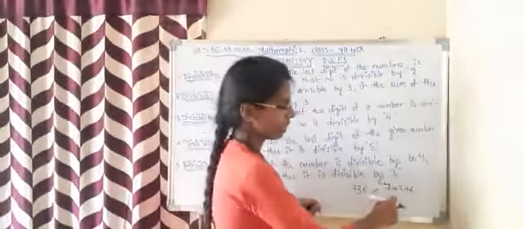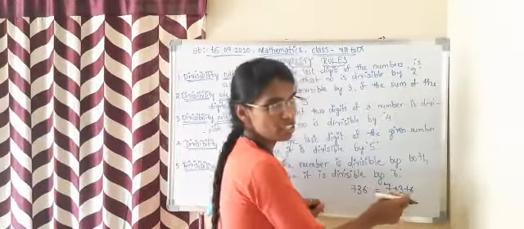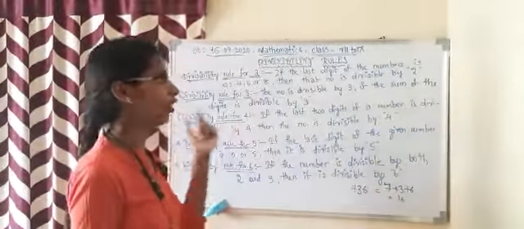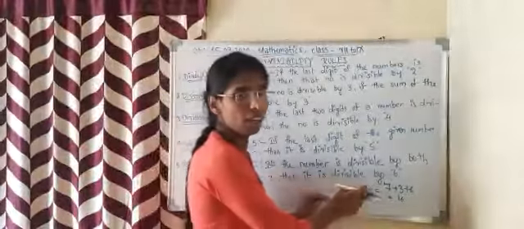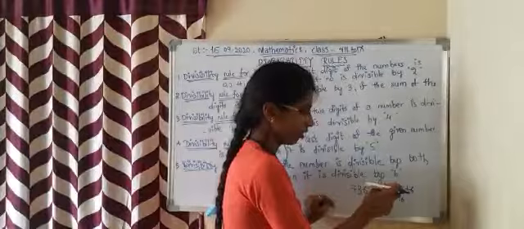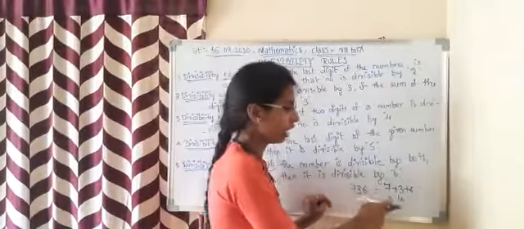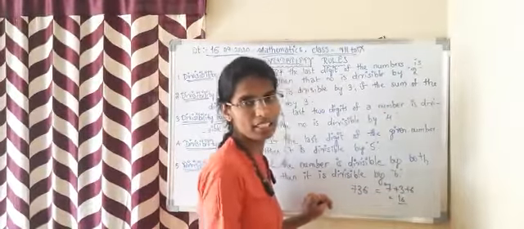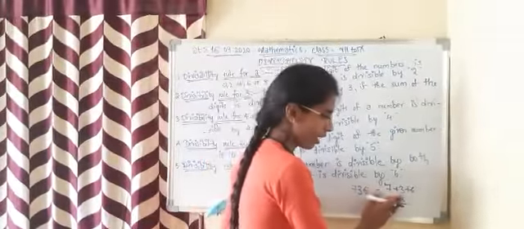What will be the sum? 16. Check whether 16 is divisible by 3 or not. It is very easy to calculate by dividing this number by 3. We can easily say that this number is not divisible by 3.